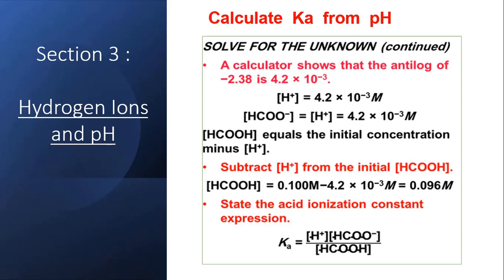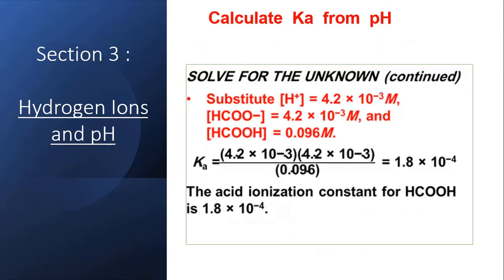Water is not considered in the equilibrium expression of Ka values. Then we will have only 3 parts. The concentration of H positive was given, and the concentration of the acid will be calculated as 0.1 minus 4.2 times 10 to the power negative 3. This is going to be 0.096 molar, and getting the value of Ka will be by having this equation.